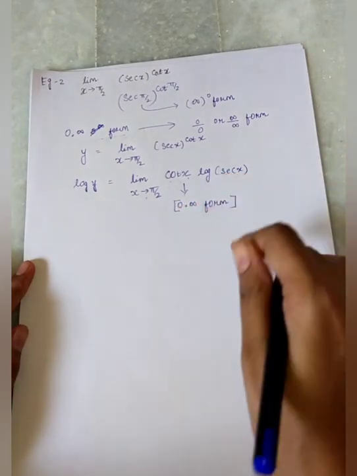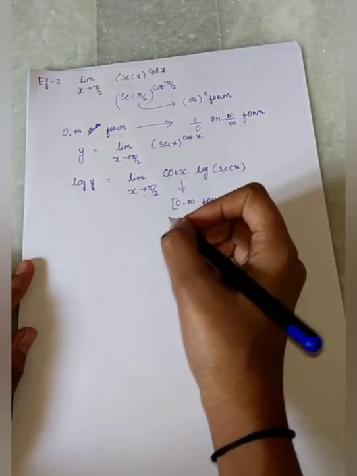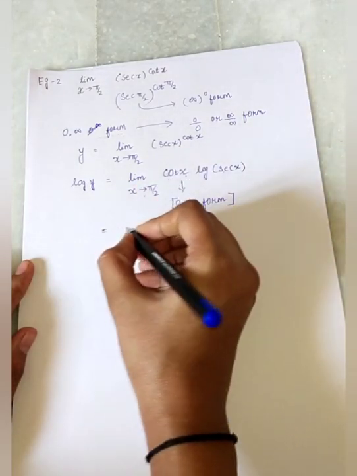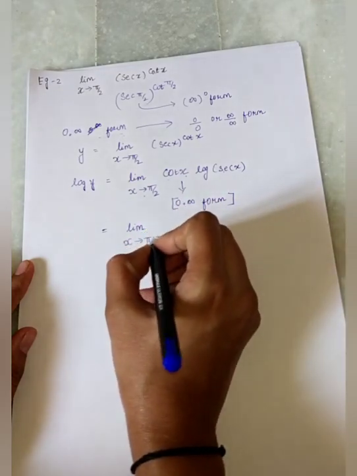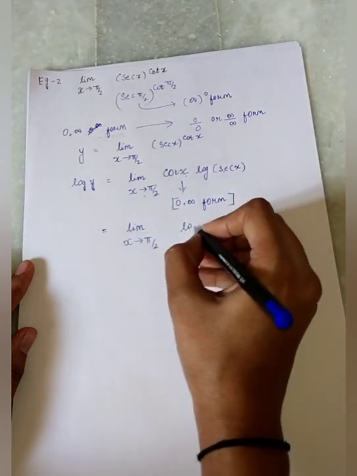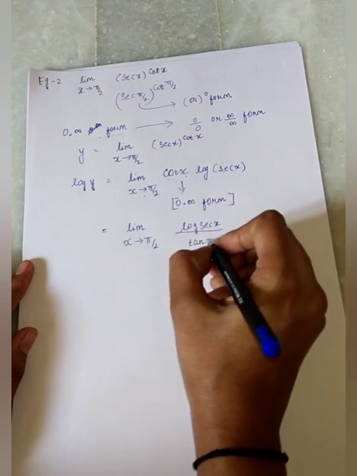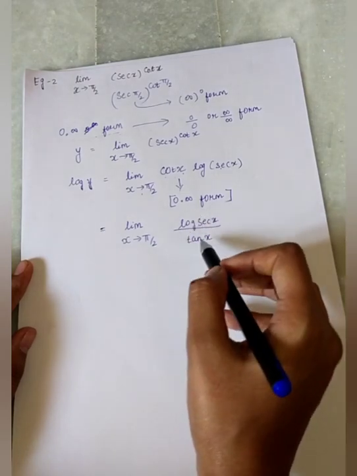Now we will convert this 0 into infinity form to 0 by 0 or infinity by infinity form. So we can rewrite this equation as limit x tends to pi by 2 log sec x upon tan x. We can rewrite cot x as 1 by tan x, so we have written like this.